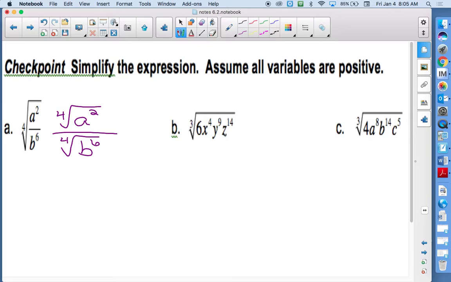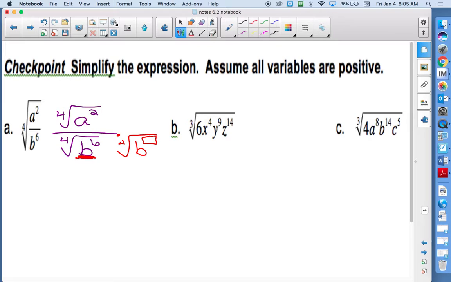Julia, what do you think? What do we multiply the denominator by? So how could I make this b to the 6th become a power that's divisible by 4? What could we multiply that by? Yeah.